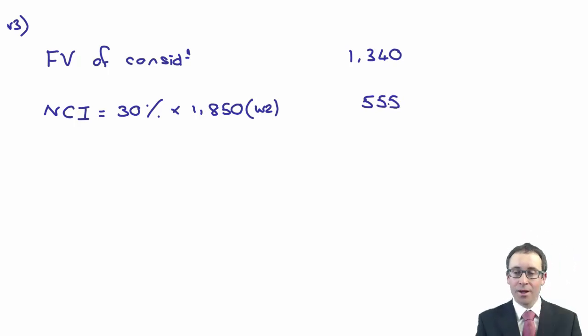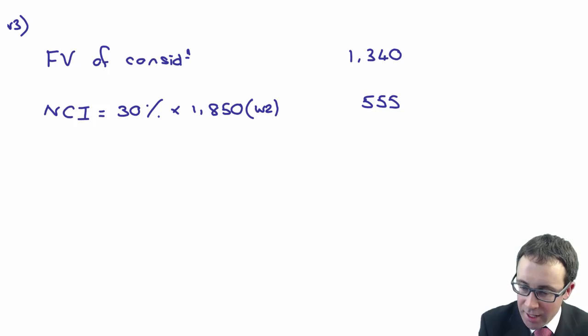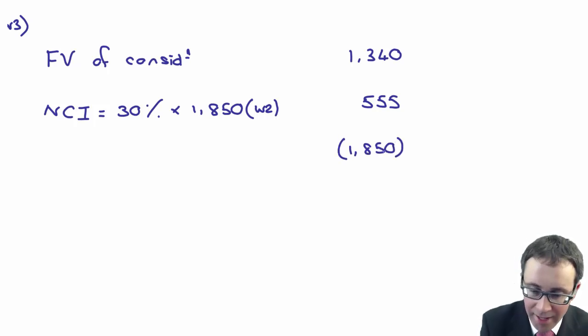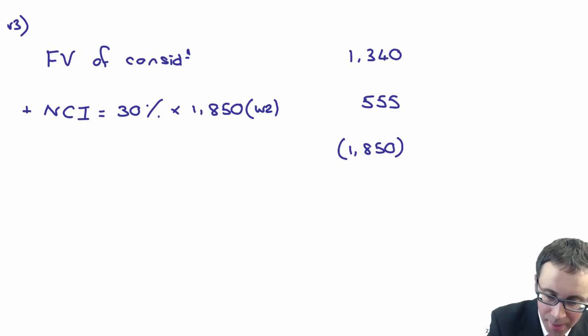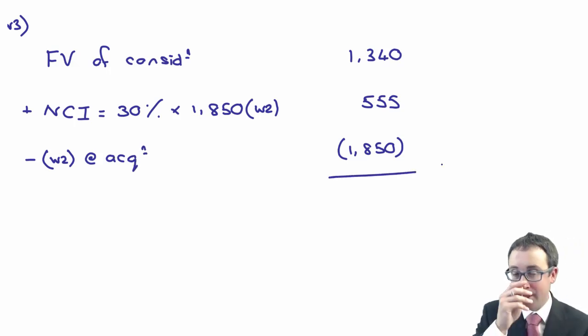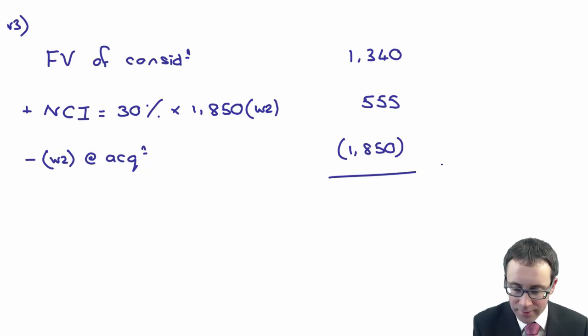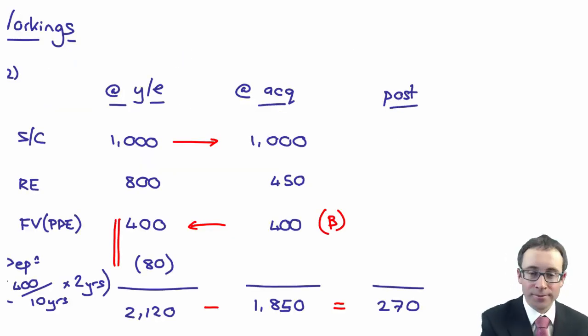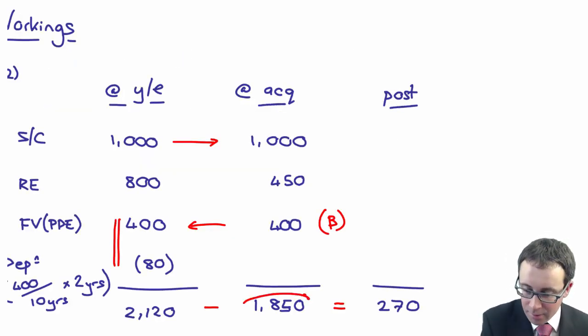Okay. And then what we do is we just then deduct the net assets, and again add the NCI. I would then just deduct working number 2 at acquisition. Okay. You don't believe me? There we go. Okay. 1,850.